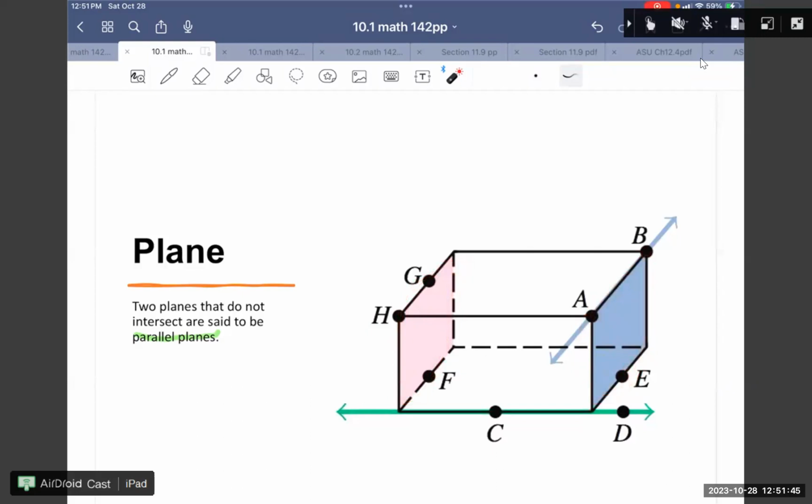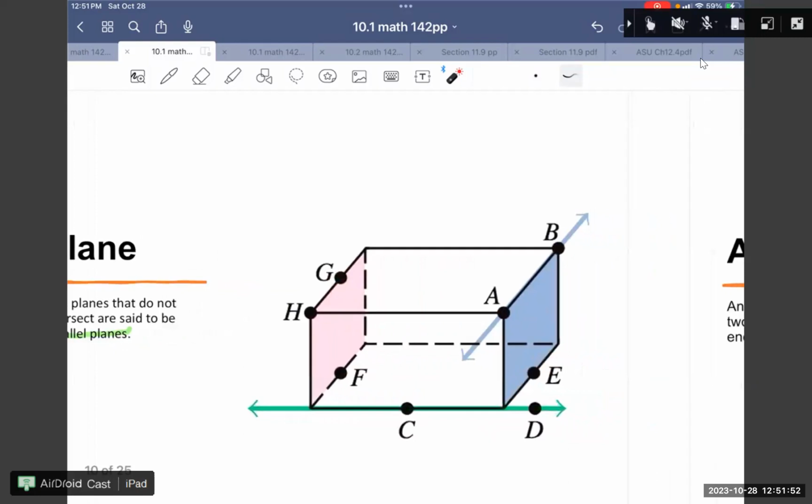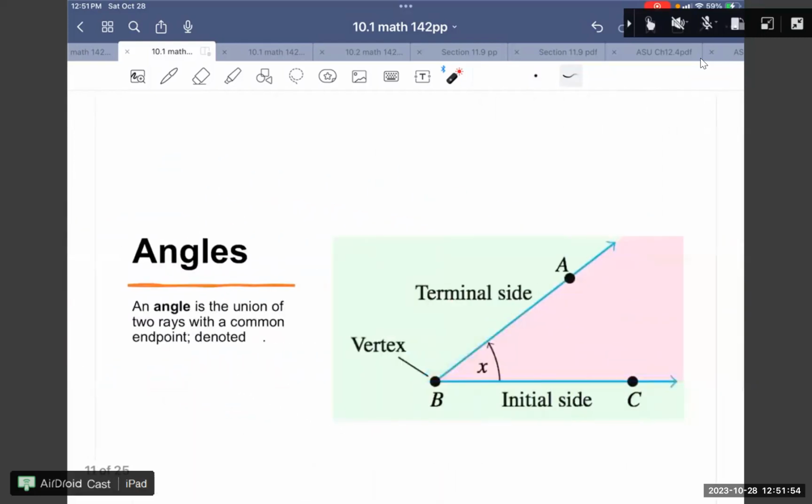So they are parallel planes. You see the pink and the blue, those are the parallel planes. Angle. An angle is the union of two rays with a common endpoint. So this one and this one is the angle. That is the angle.